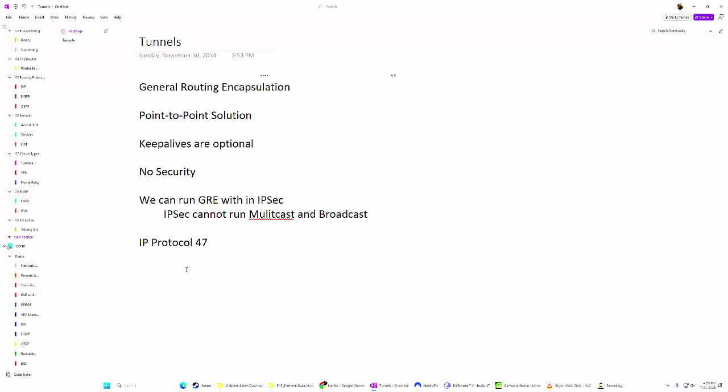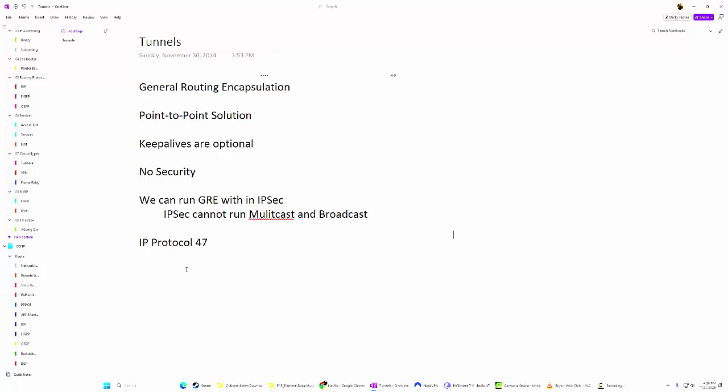So, this is based on how we drew that diagram. This is a point-to-point solution. Well, this is great, because my routing protocols require point-to-point to have neighbor relationships. So logically, from the router's perspective, it came in on a tunnel, and it's going to tell you it came in on a tunnel.